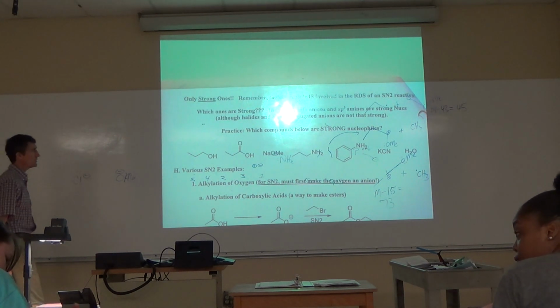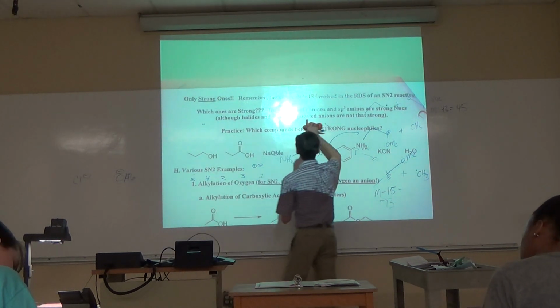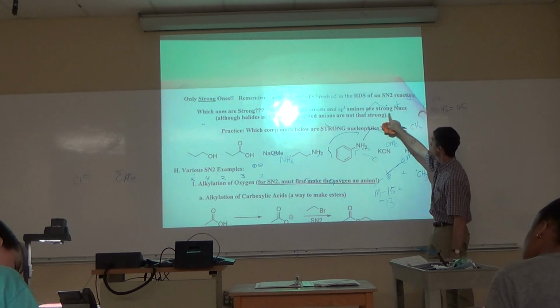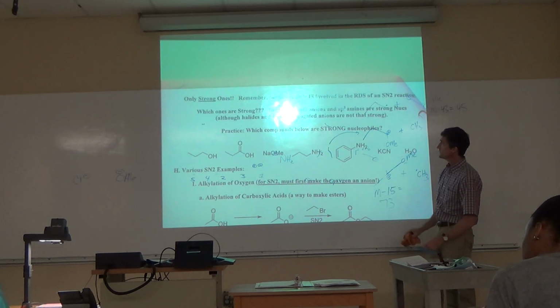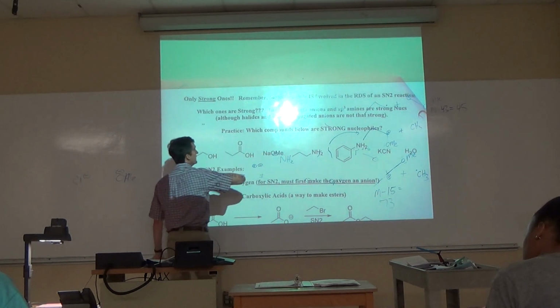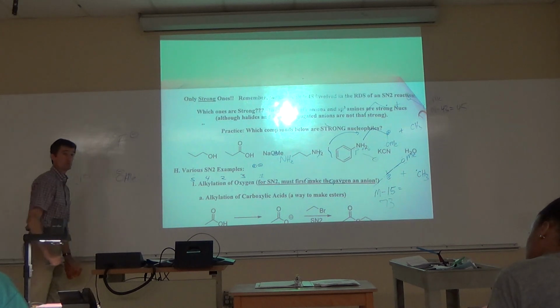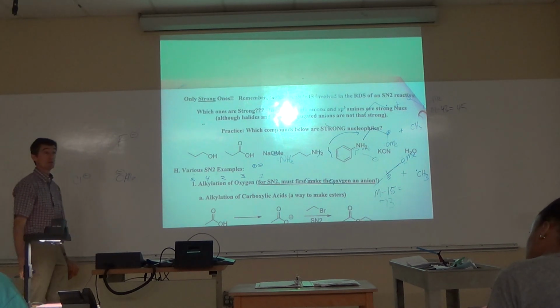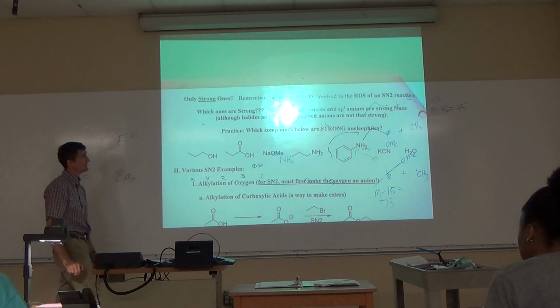Okay? Well, what are strong ones? Very similar to bases. In general, only anions and sp3 amines are strong nucleophiles. But you got to be careful with that general statement. A halide, according to that first statement, F minus would be classified as a strong nucleophile. But no, halide is not.